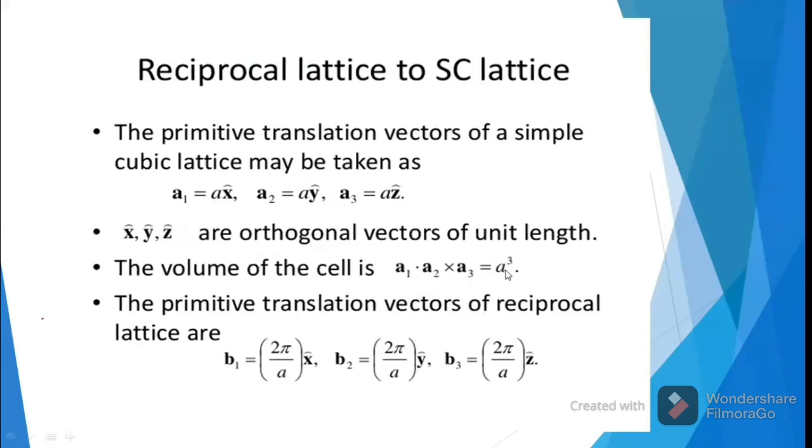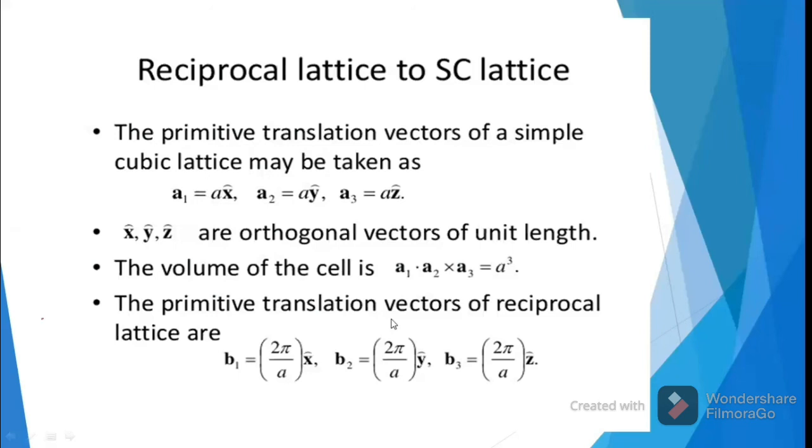It means it becomes A raised to power 3, that is the volume of the unit cell of the cubic. I told you before that in the cubic unit cell A is equal to B, B is equal to C, and C is equal to A. All these A, B, C are equal to each other. That's why we assign A1, A2, and A3; it is the same thing as a, b, c.